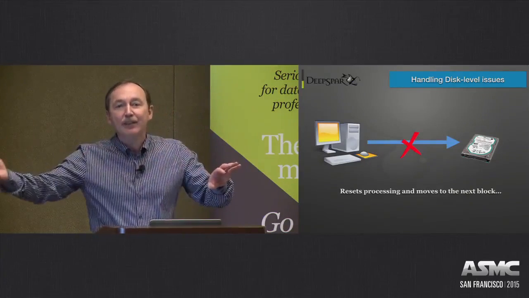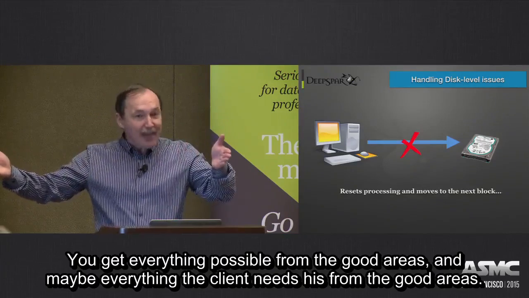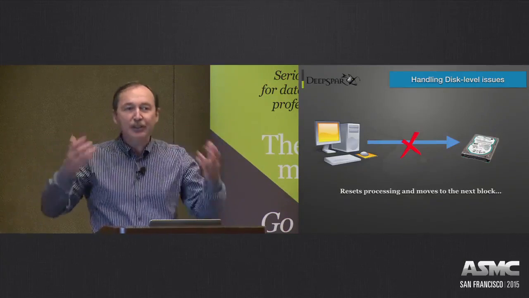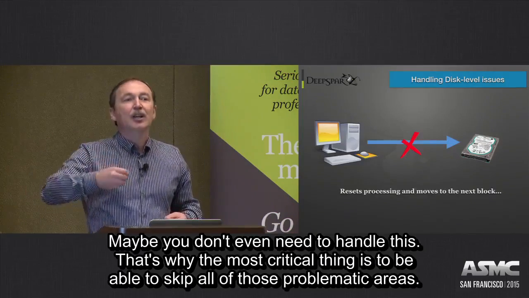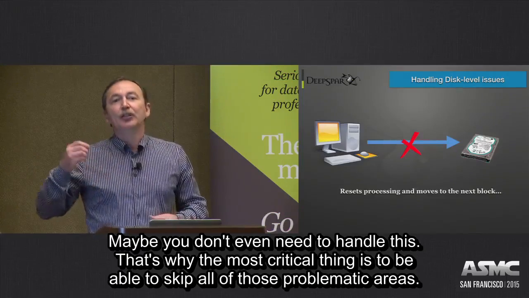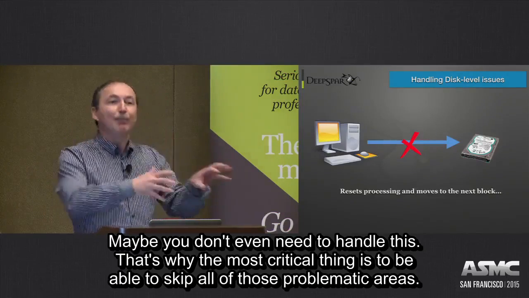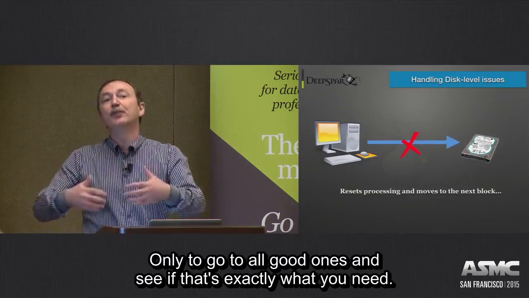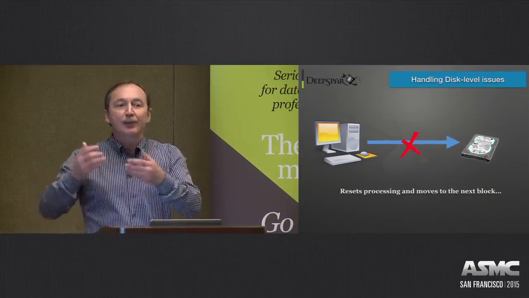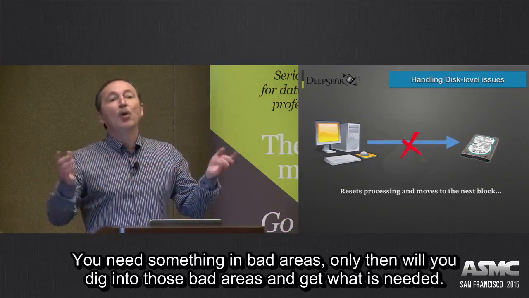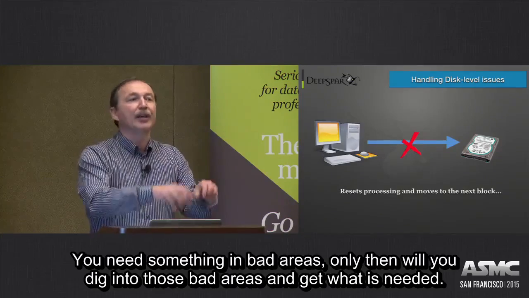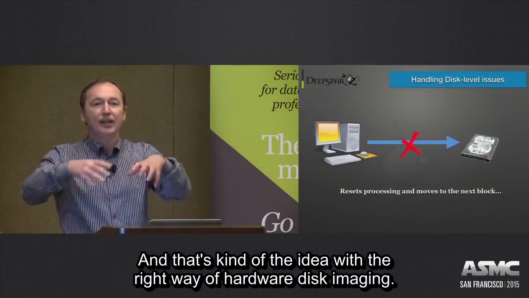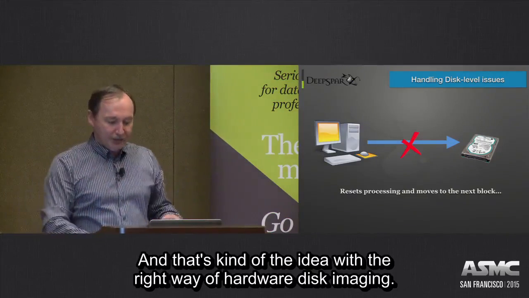And we get everything possible from good areas. And maybe everything that your client needs is in those good areas. Maybe you don't even need to handle the bad ones. So basically, that's why the most critical thing is to be able to skip all those problematic areas, to get only the good ones and see if that's exactly what you need. If you need something in bad areas, only then will you dig into those bad areas and get what is needed. Okay, so that's the idea behind the right way of doing hardware disk imaging.